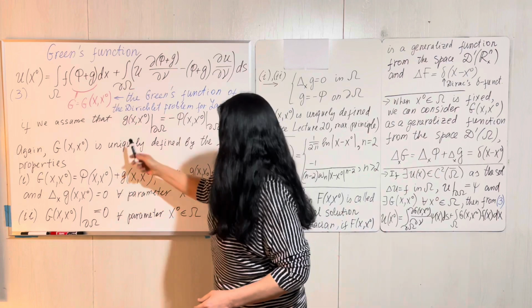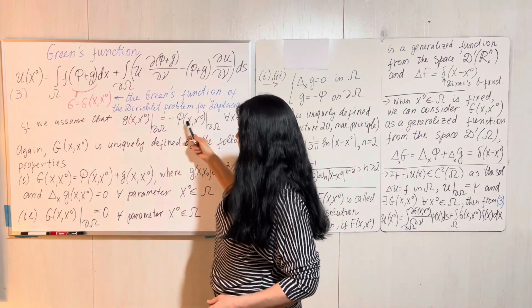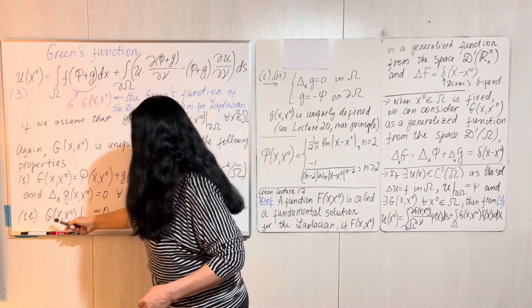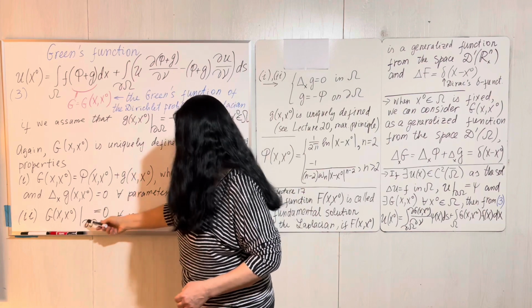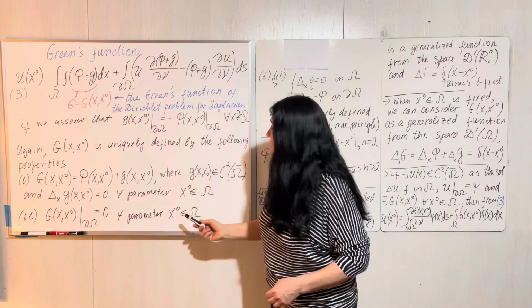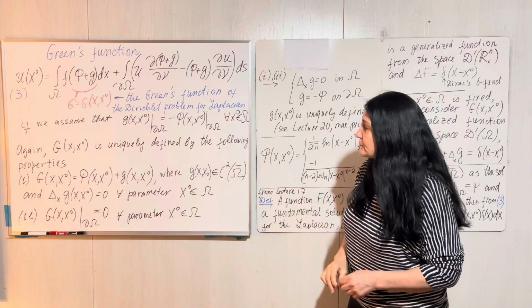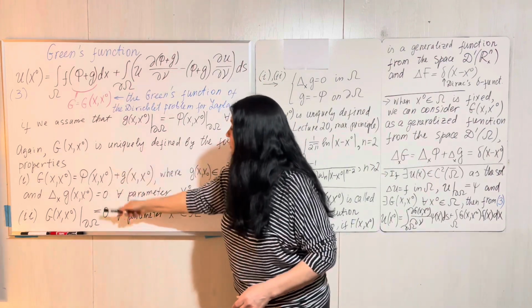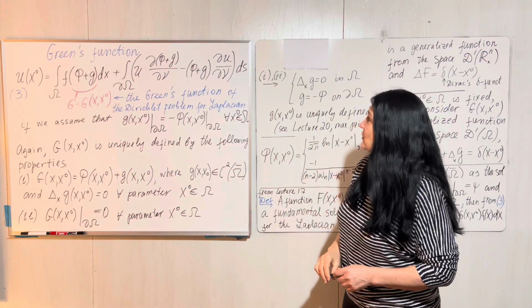And because of this condition, we have that our Green's function on the boundary equals 0 again for any parameter x naught. So this is our Green's function.